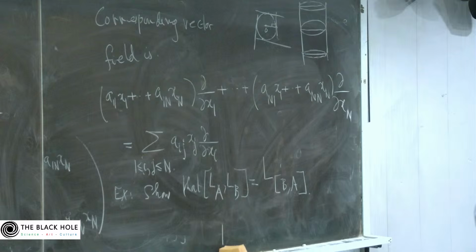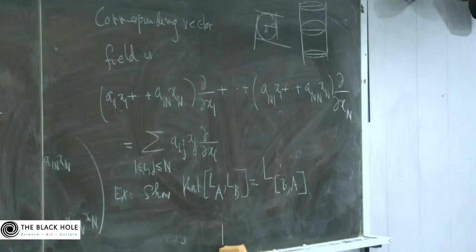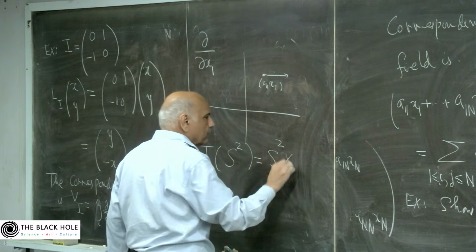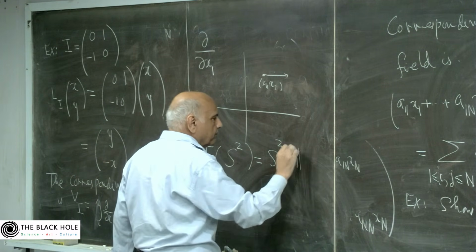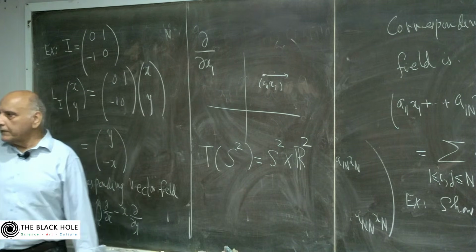And the tangent bundle of the sphere would be S2 cross R2. Is it clear now?